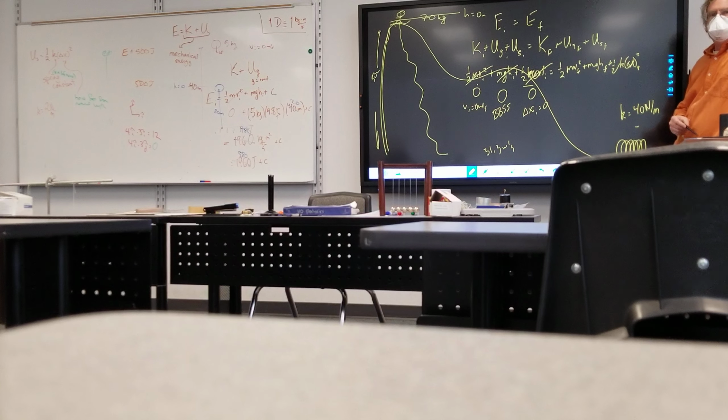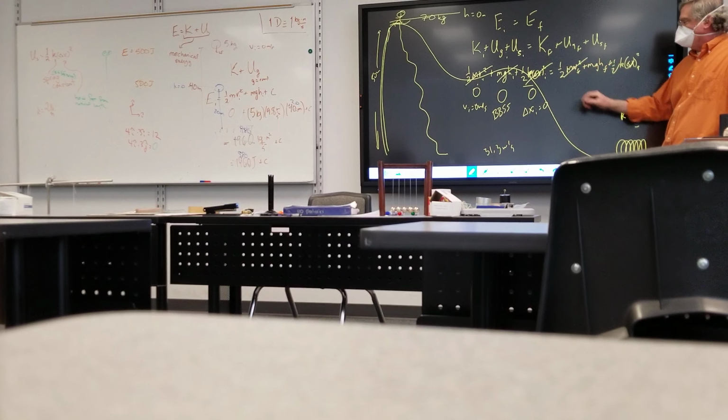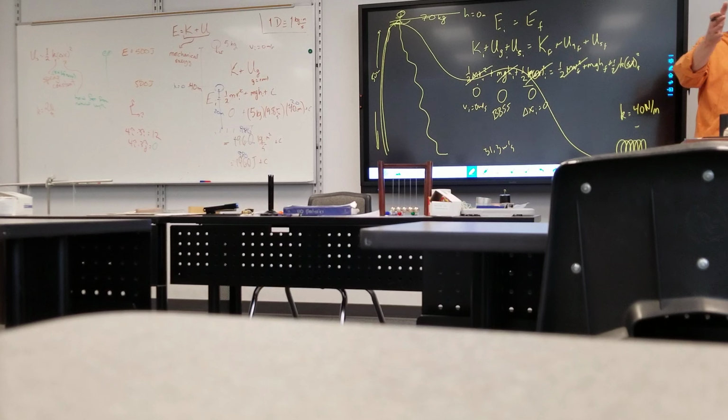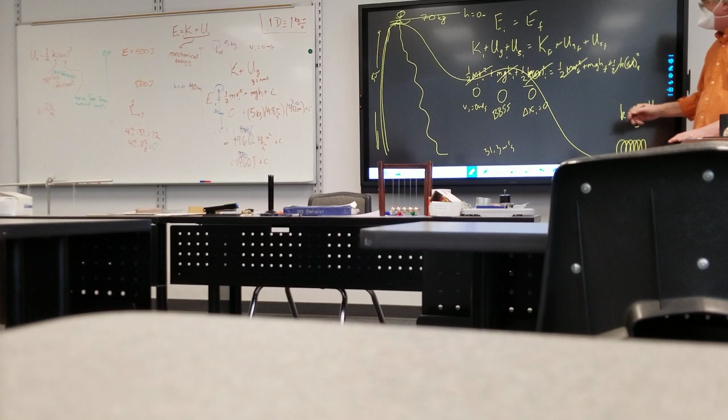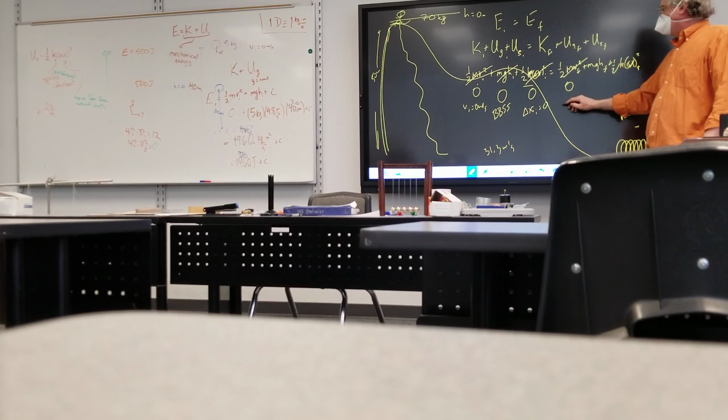Final speed? Zero. Yeah, because if he's still moving, the spring is still getting more compressed, so we're looking for that maximum compression. That's the point when he stops, so his final speed is 0.